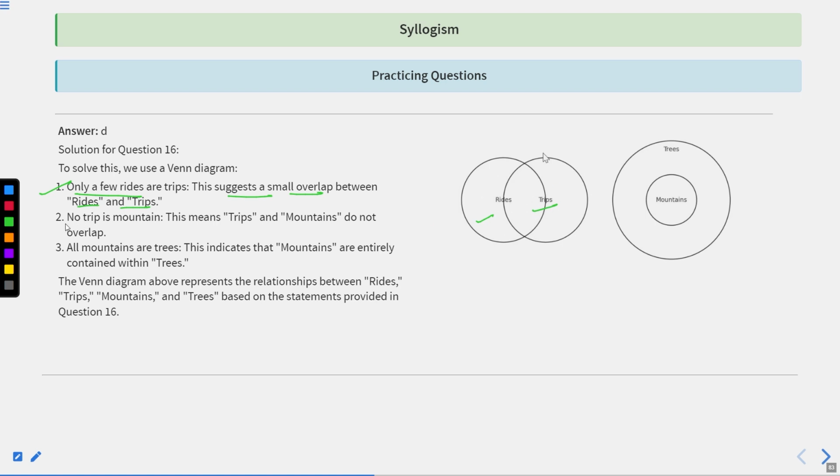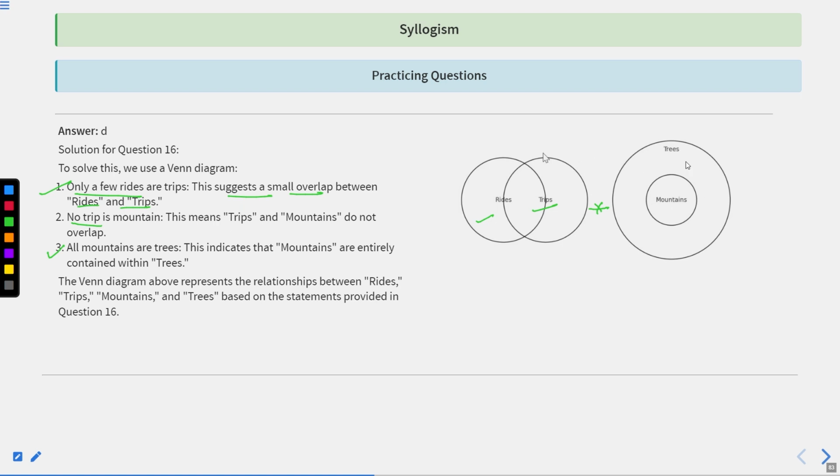Now the second statement says that no trip is mountain. This is the circle representing the trips, and this is the circle representing the mountain. Do we see any relation between trips and mountains? No, we don't. Now the third statement says that all mountains are trees.